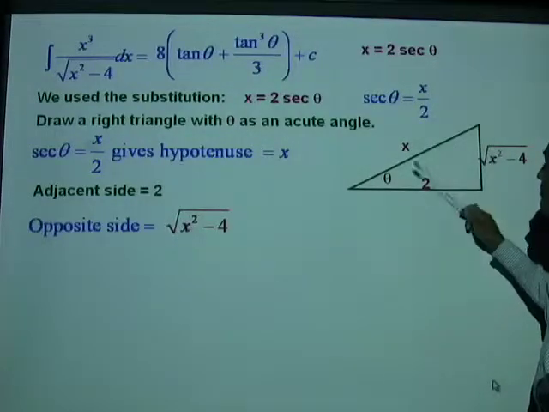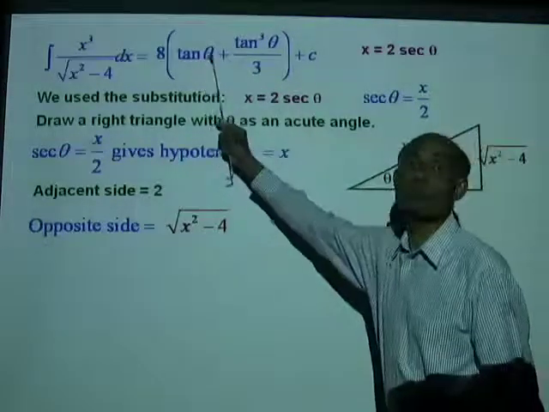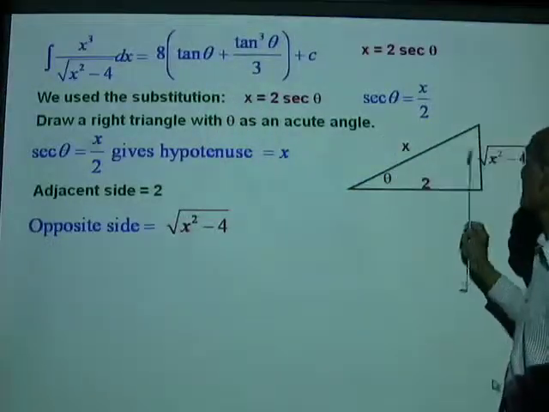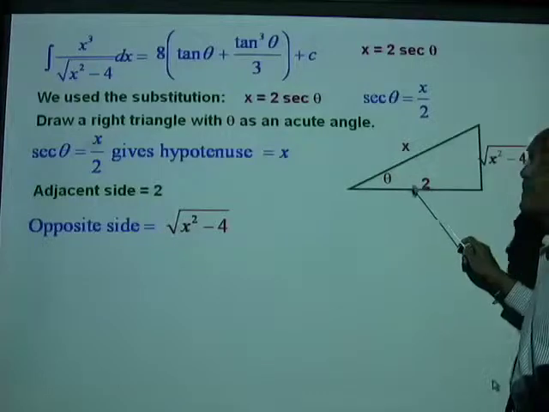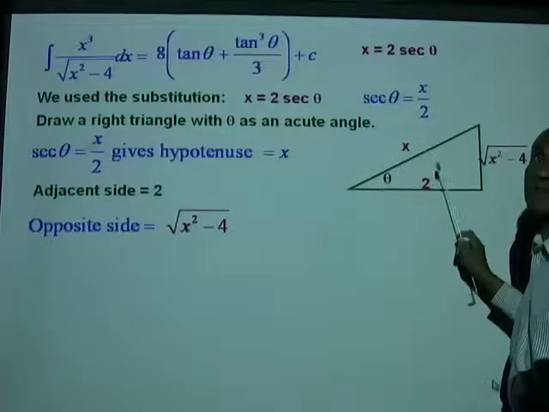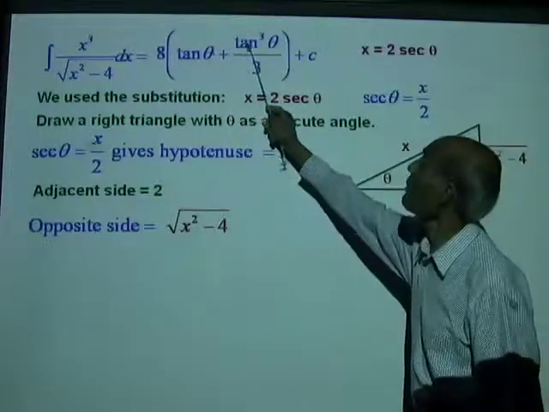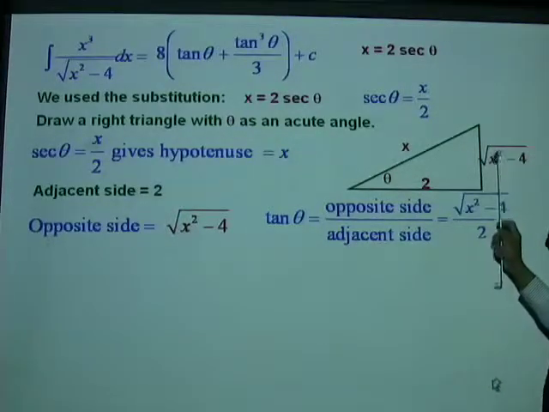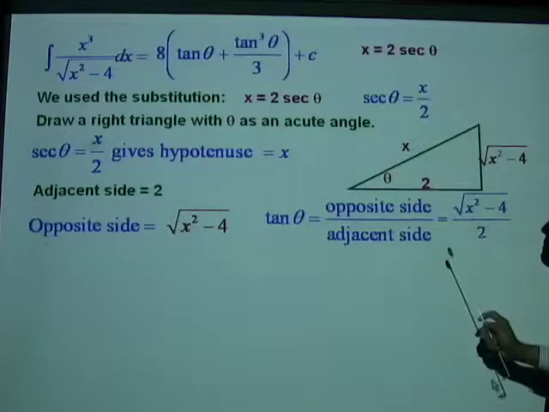Once you have all the 3 sides, we can now pick these ratios. What is tan theta equal to? Tan theta is opposite side over the adjacent side. So you can replace now all of these using that ratio. And that will be tan theta is square root x squared minus 4 over 2.